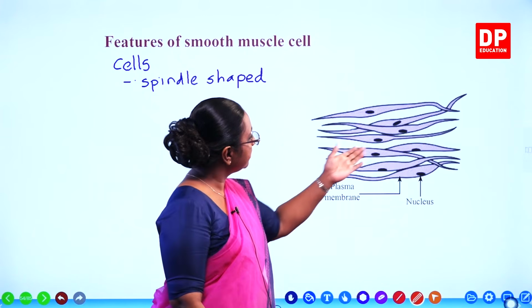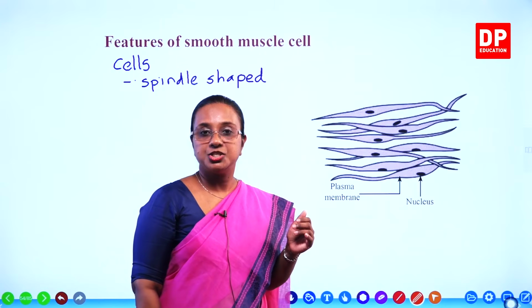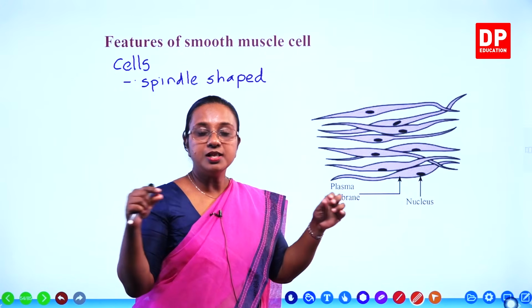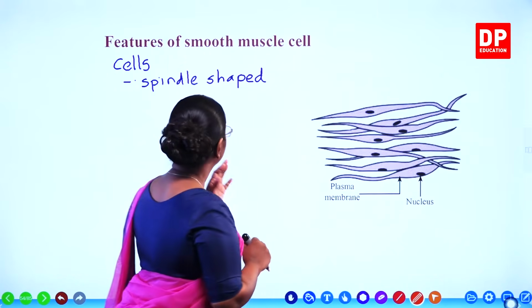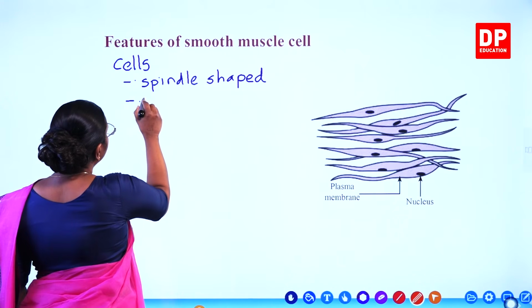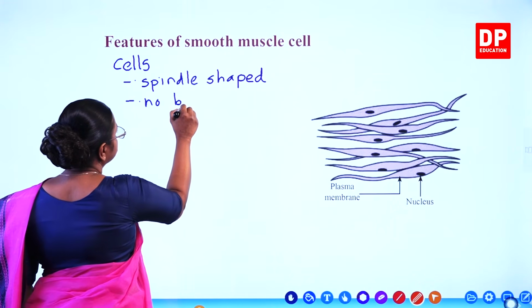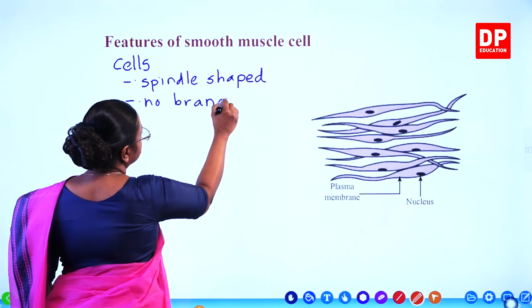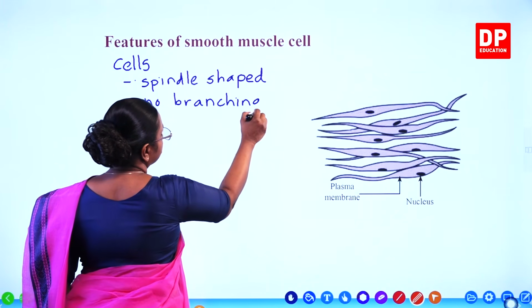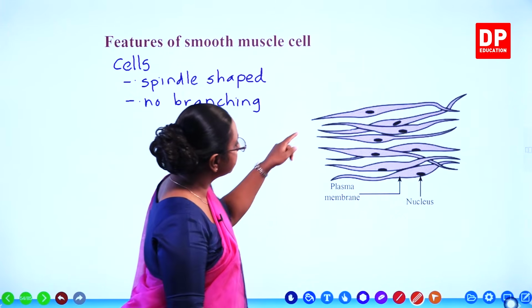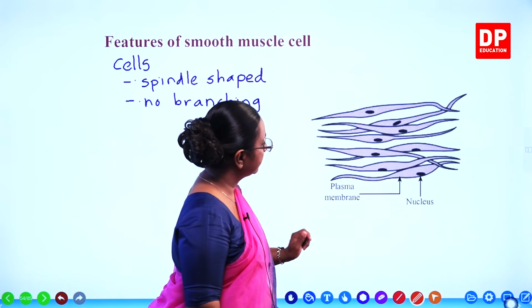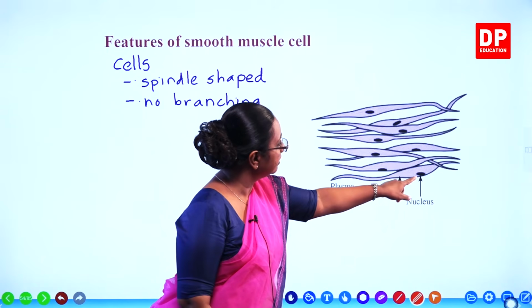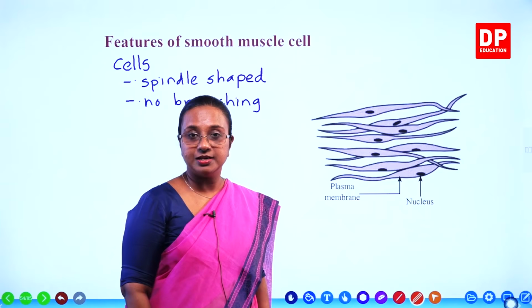Then you can see there is no branch for the cell. They are all single cells. So there is no branching. The next one, you can see in all the cells, in the center there is a nucleus.